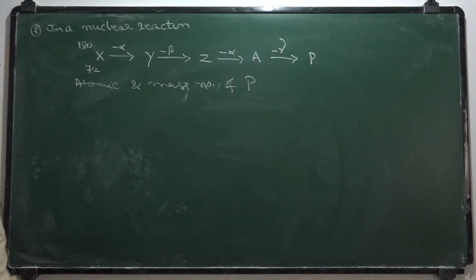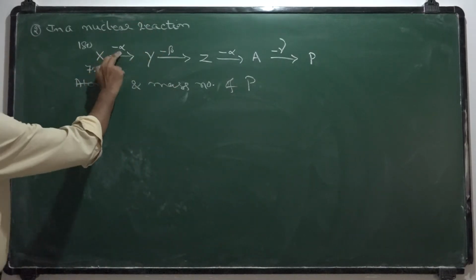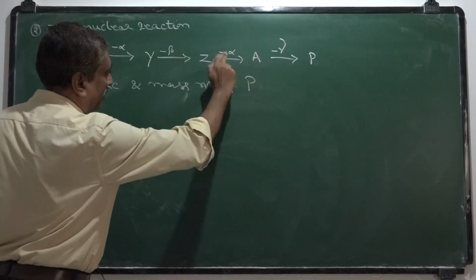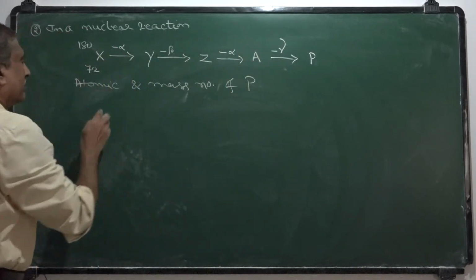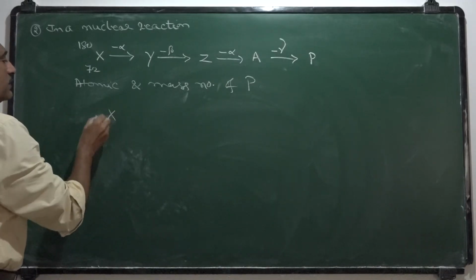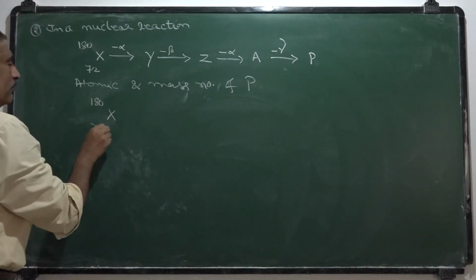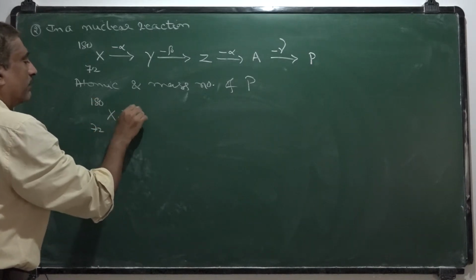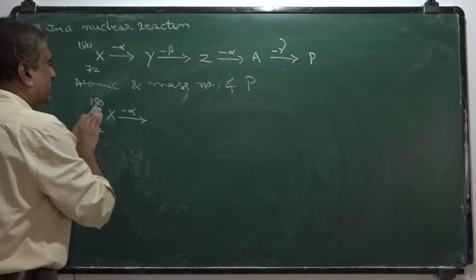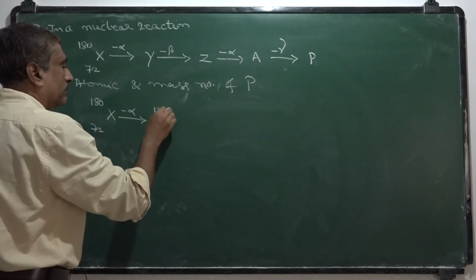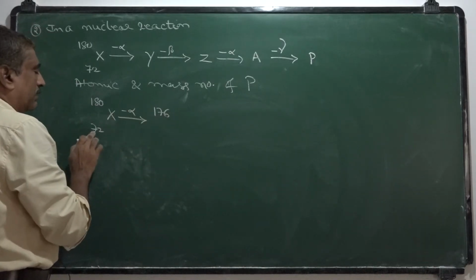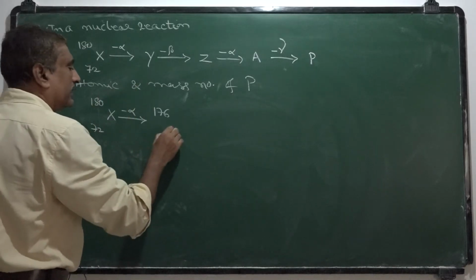How can we calculate this? Given it is first alpha decay, beta decay, then alpha decay and gamma decay. Starting from X, 180, 72. Minus alpha means alpha decay. When alpha is emitted, mass number changes by 4 units, that means 180 minus 4, 176, and atomic number decreases by 2 units, that is 70.